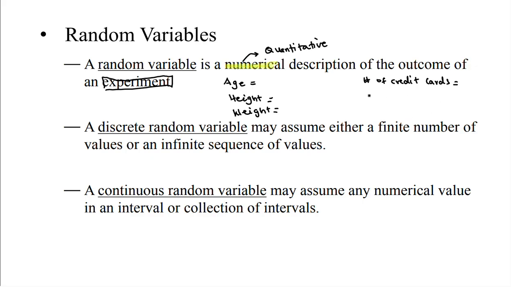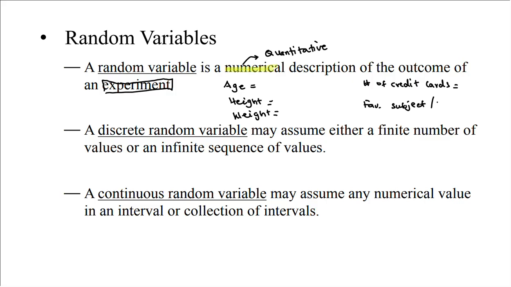But then the question is, is favorite subject a random variable? Or your favorite course in class, is that a random variable? And the answer is no. Why? Because it doesn't take numerical values as outcome of an experiment. And so all variables that take numerical values as an outcome of an experiment are considered to be random variables.